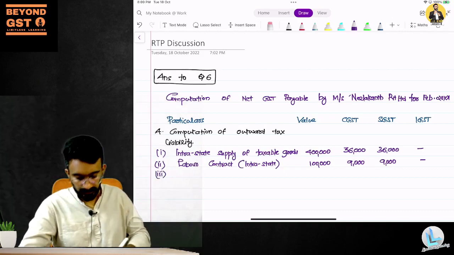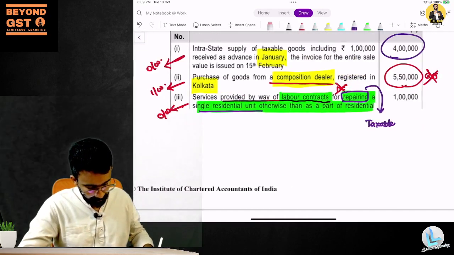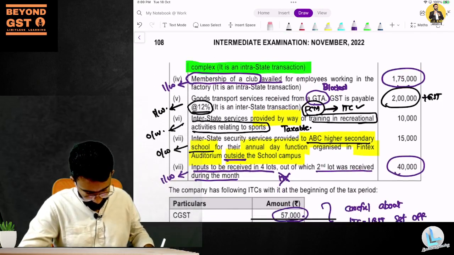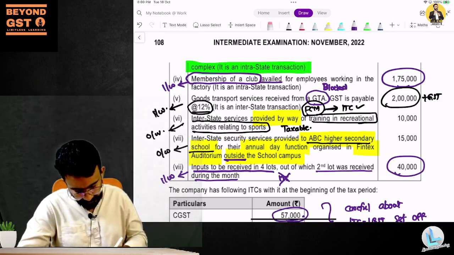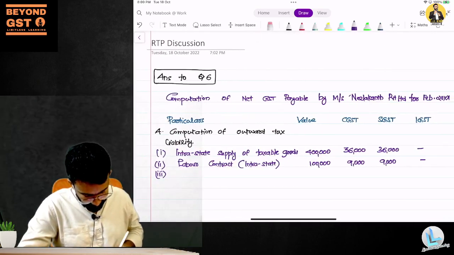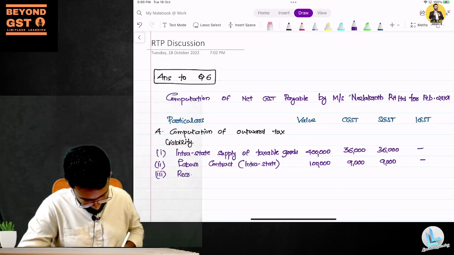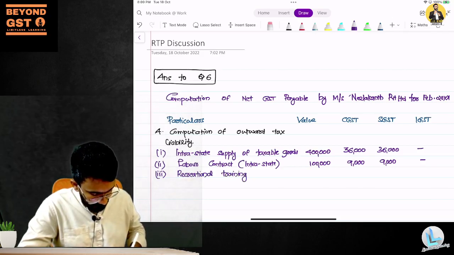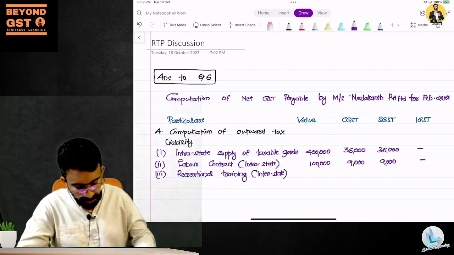Okay. Then, what is the other outward supply we have? Which point? Point number 6. Training on recreational activity. That is interstate. We will also note the working note numbers.